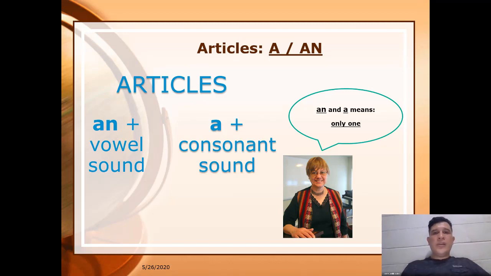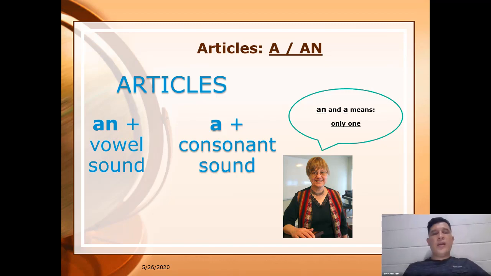And then, we have an extra information. A and an means only one. So we use it just with singular. Solo con singulares nada más se utiliza a y an. In Spanish, what's the meaning of a and an? ¿Alguien que sepa?